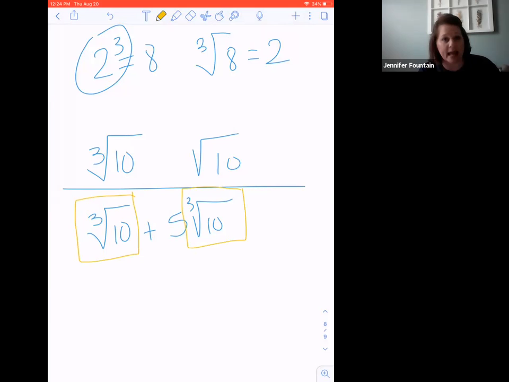Those are the same. So I look at what numbers come before them and add them. On this one I don't have a number in front, so I'm going to write a 1, because anything times 1 is itself, right? The understood number in front is 1.